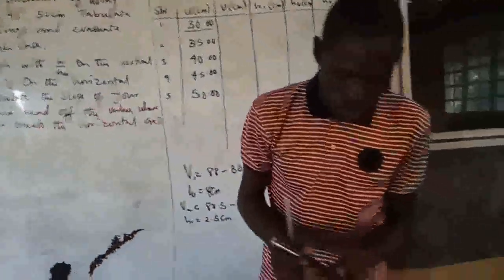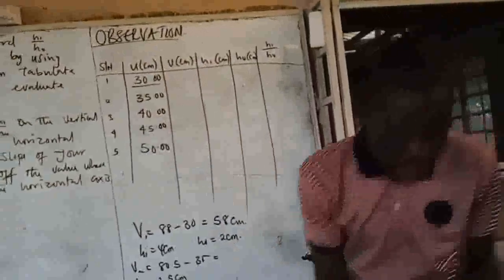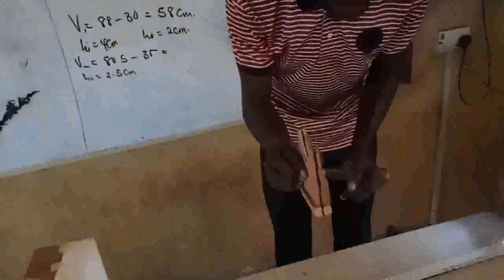Now we can also change the distance to 40 centimeter. When my distance is 40 centimeter, I'll move my convex lens to the 40 centimeter mark. We'll find the image where we have the sharpest image by moving the screen backward.